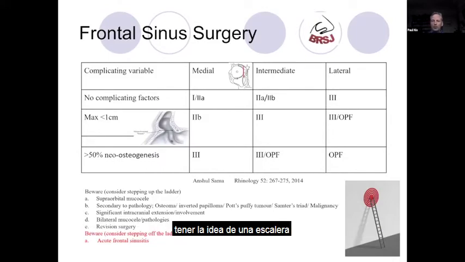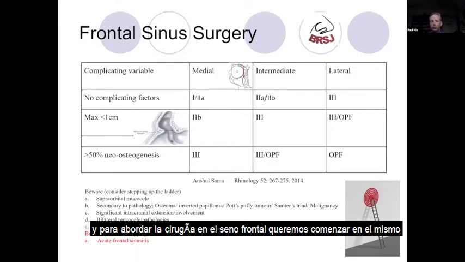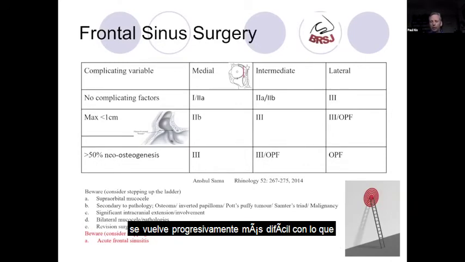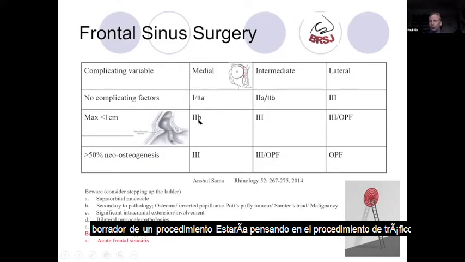So now we have the idea of a ladder. And to approach surgery in the frontal sinus, we want to start at the very bottom if possible, and then only work our way up as things get progressively more difficult with what we're dealing with. So if it's a very narrow AP diameter, I would step up the ladder.